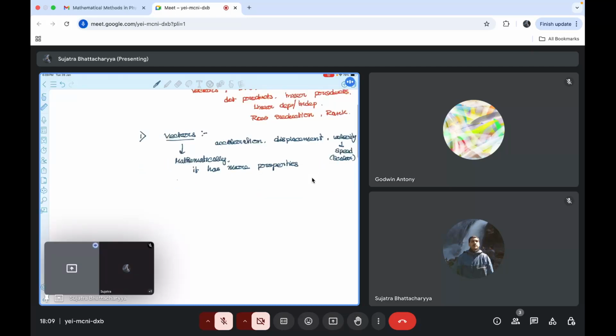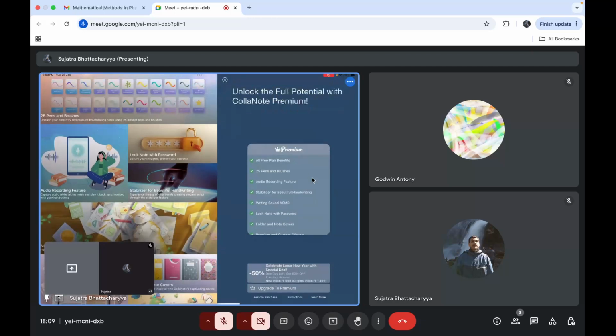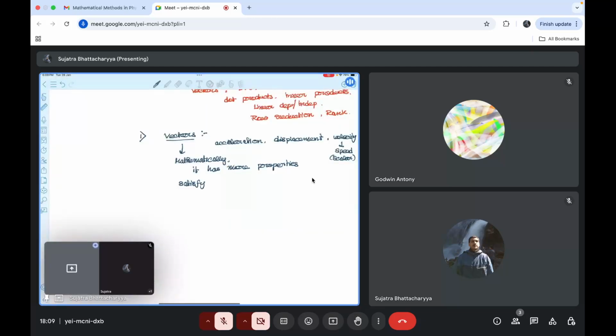For example, it should satisfy addition as well as scalar multiplication. Okay, so these things we will see.